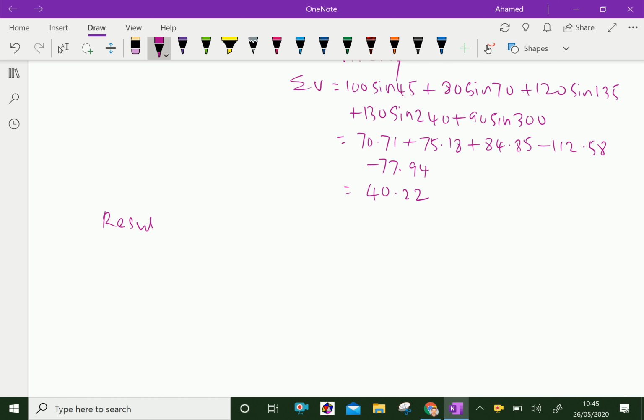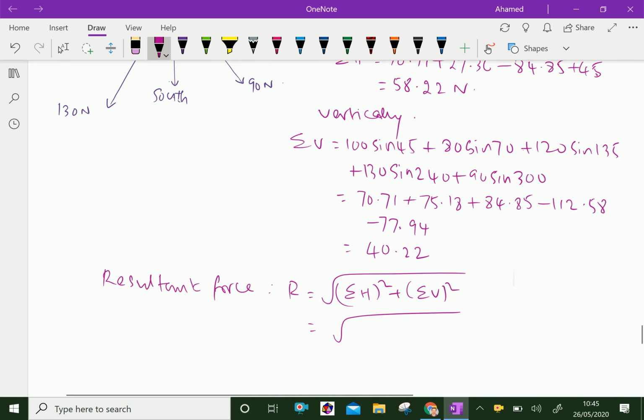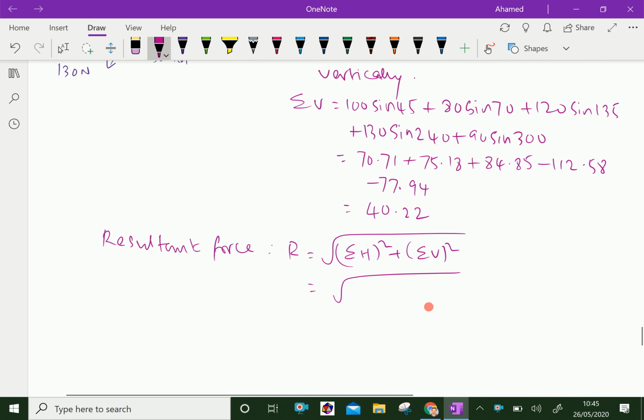Now the resultant force. Suppose R equals square root of sigma H squared plus sigma V squared, where sigma H is 58.22 and sigma V is 40.22.